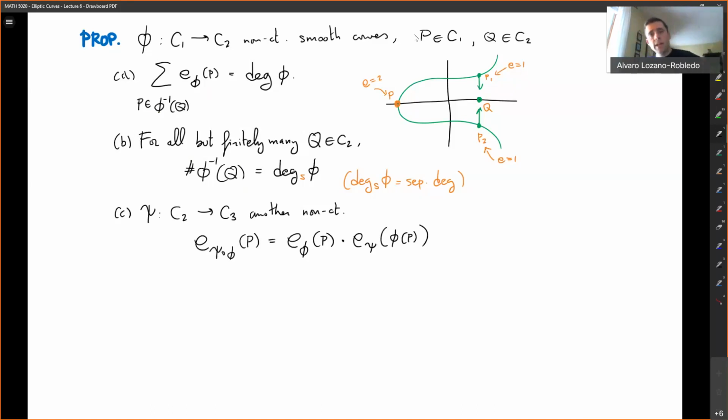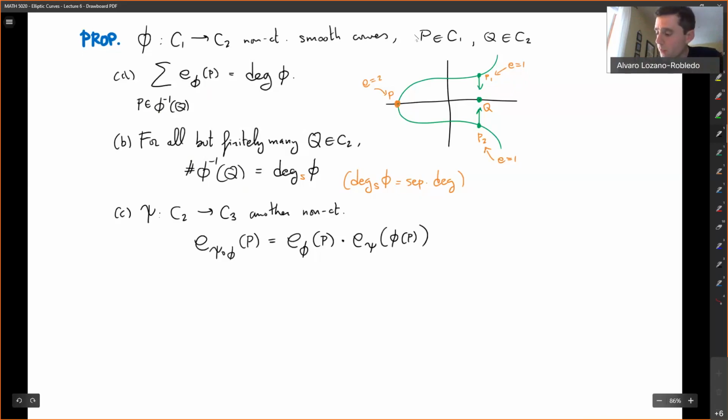This is analogous to the fact that in number fields, the ramification indices are multiplicative in towers. When you have an extension of number fields and you're looking at how a prime ideal ramifies all the way up, the ramification indices are multiplicative in the tower. This is the same concept.